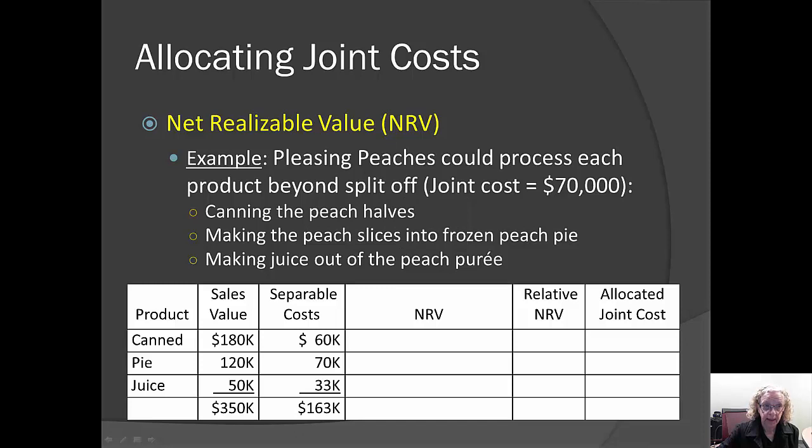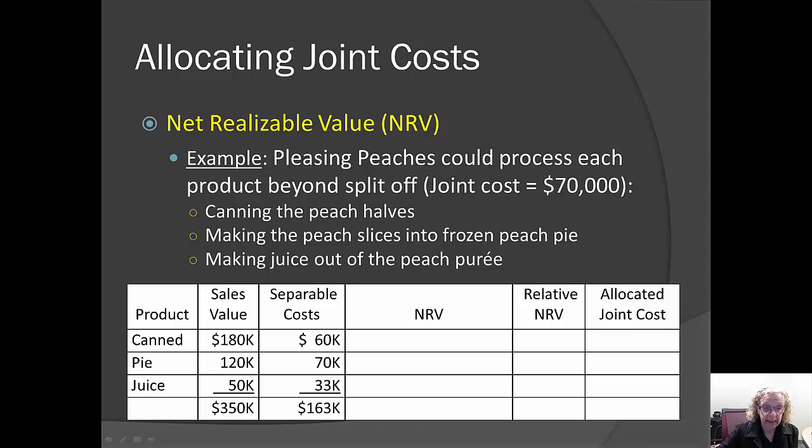A third way to allocate joint costs is to use net realizable value. This firm has a choice. It can sell its peach halves as they are to some other firm, or it can can the peach halves.